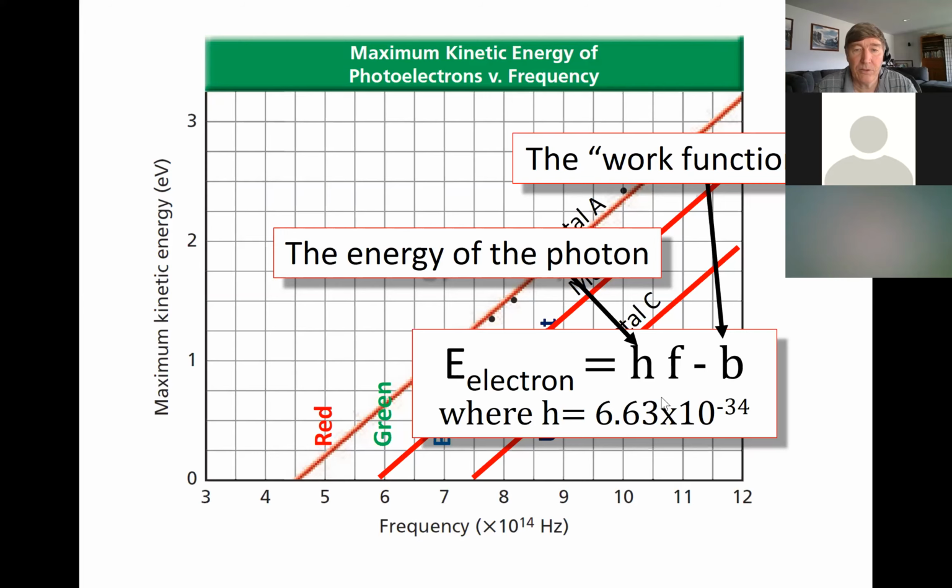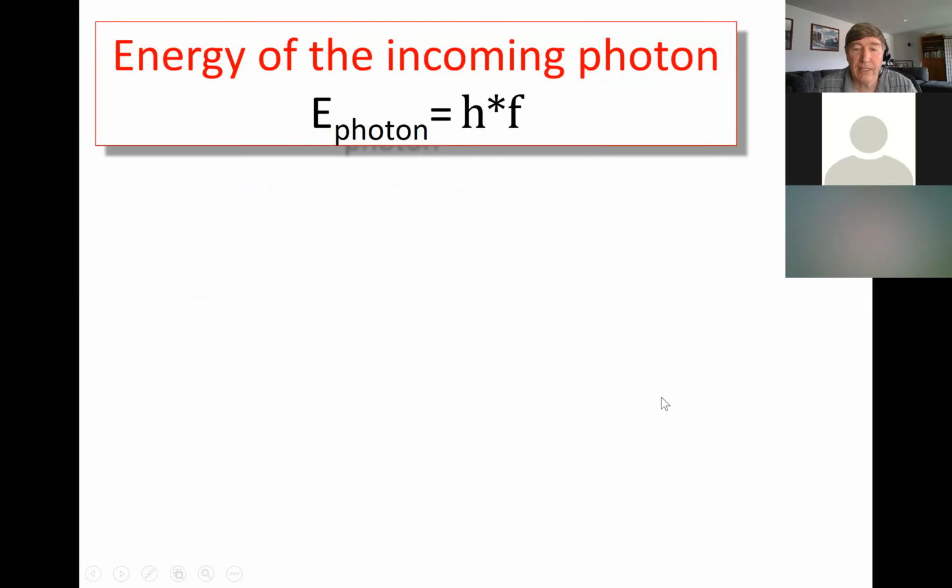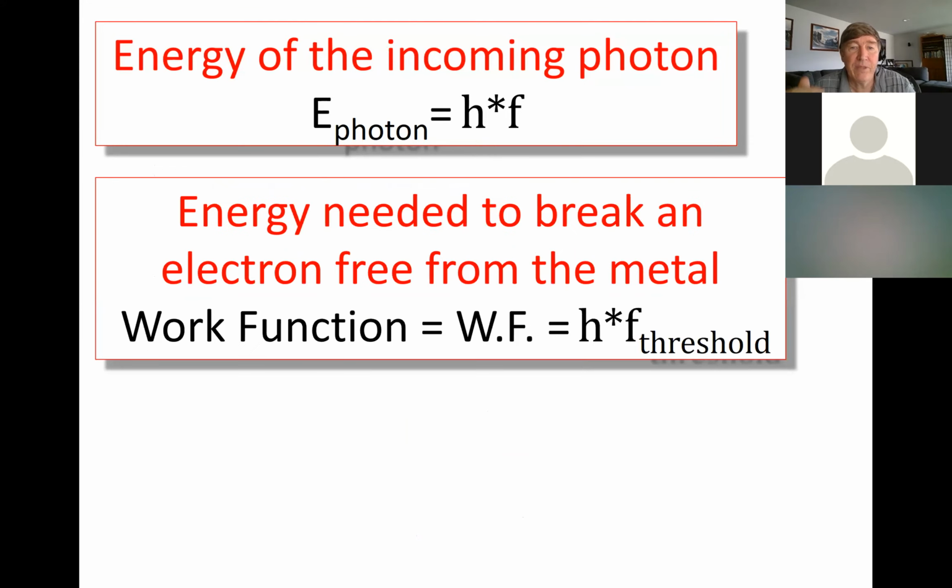This page summarizes everything we just said. The energy of a photon is Planck's constant times the frequency of the photon. The energy needed to break an electron free from the metal, which we call the work function, is equal to Planck's constant times the threshold frequency for that particular metal, and that's different for different metals.